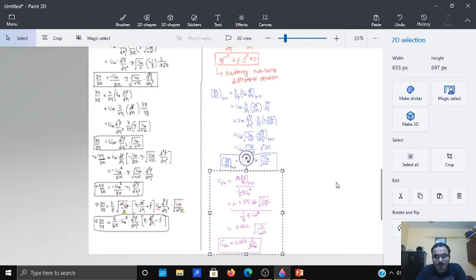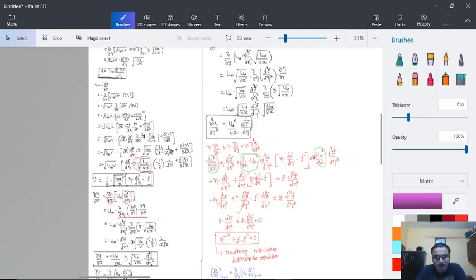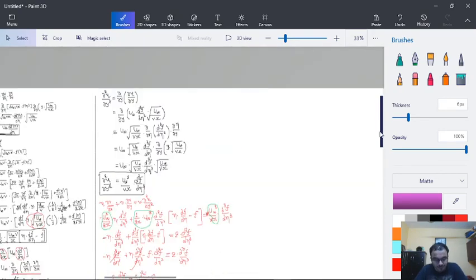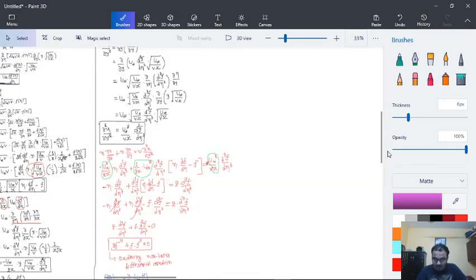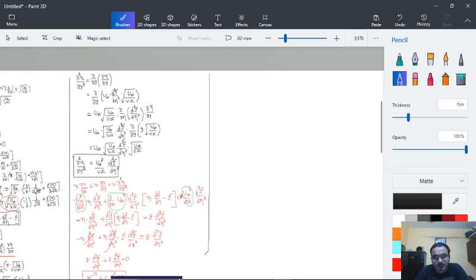So now we are into the last portion of today's lecture. So now we will calculate the value of average skin friction coefficient. That will be over here.